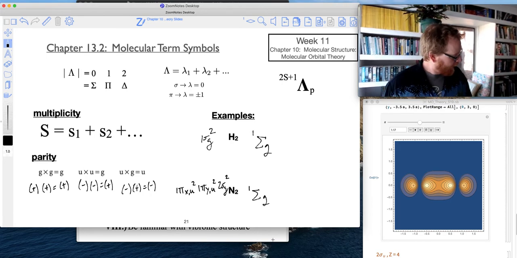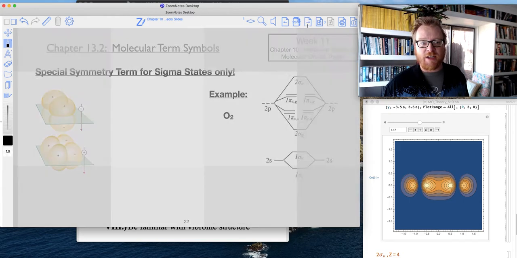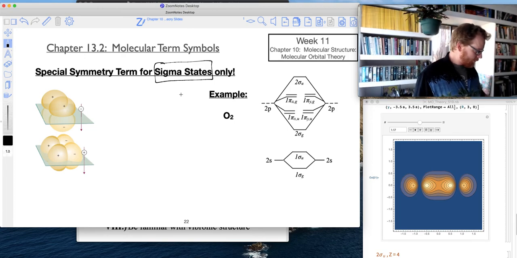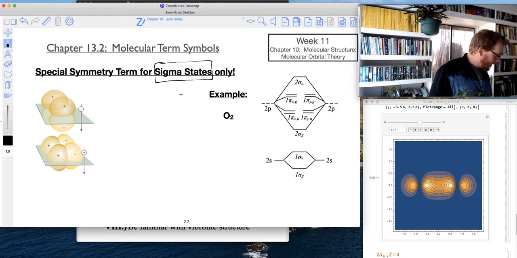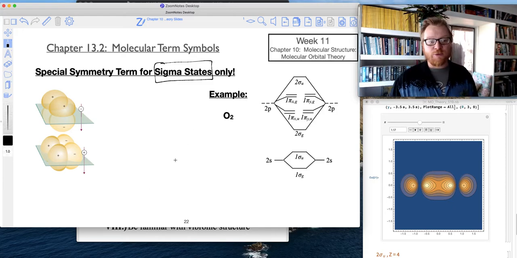And so we're almost done with these term symbols, but not quite yet. There's one more special symmetry term, and that's for sigma states only. The way this works for the sigma state, we have to consider that a sigma state can be created by this confluence of pi bonds.